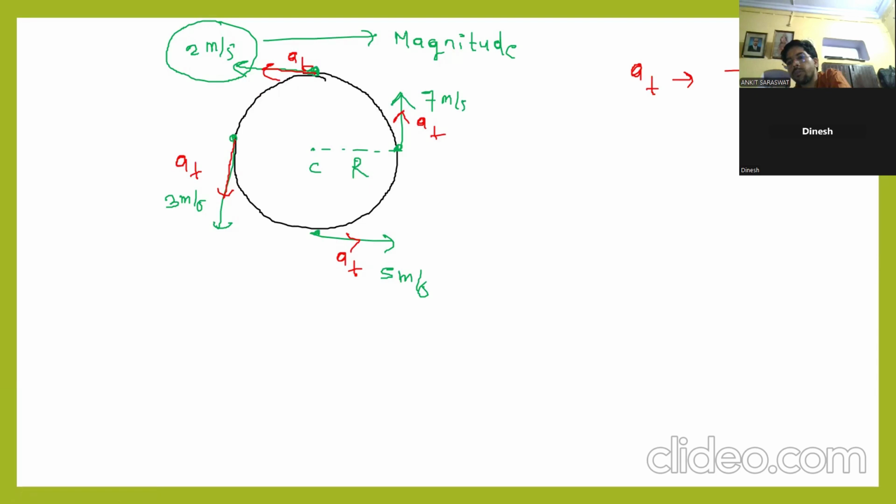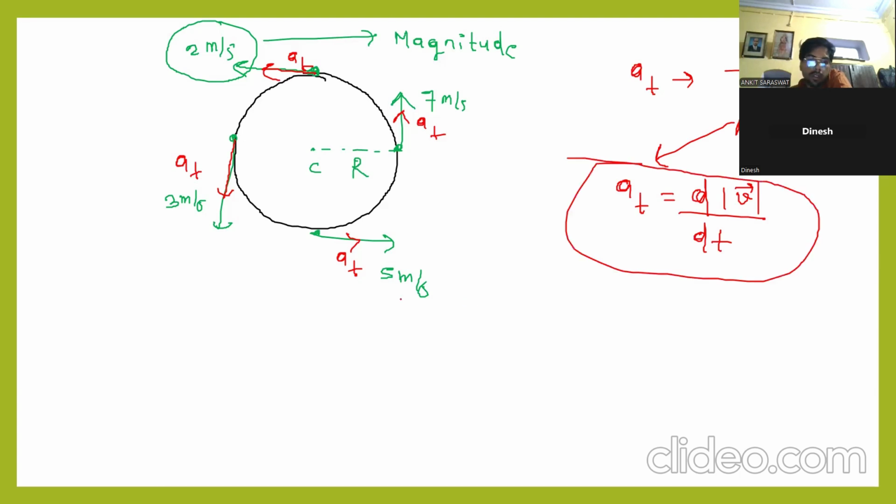So the acceleration has two components. One component is responsible for the direction, and one is responsible for the change in the magnitude of the velocity. This is known as tangential acceleration. Its magnitude is dv by dt, that's why I'm writing it in mod.